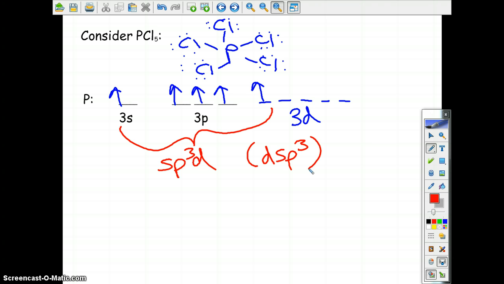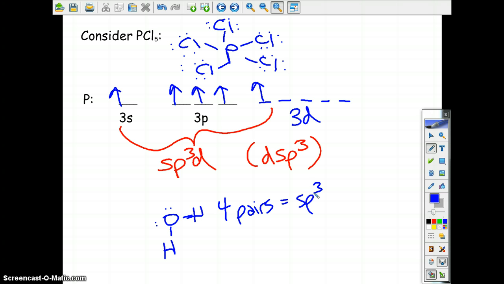So, for example, if you're doing H2O, the O has how many total pairs of electrons? 4 pairs. So that would have to be sp3, because s is 1, p is 3, 1 plus 3 is 4.